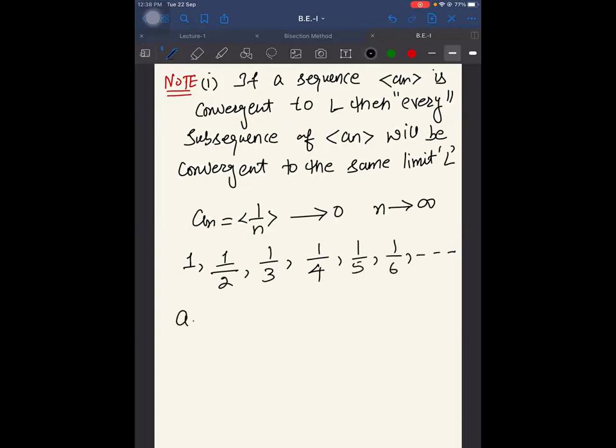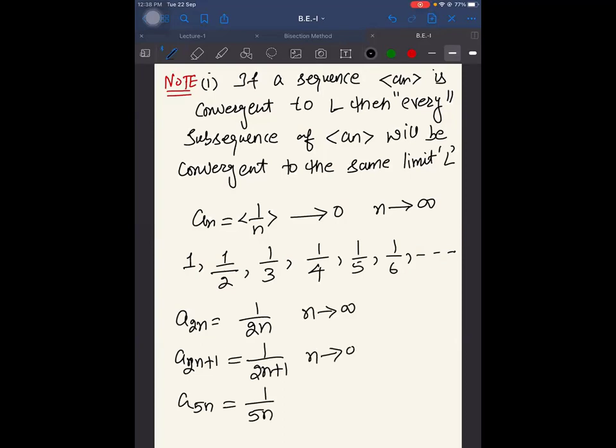If you take only even terms, 1 by 2n, or only odd terms, 1 by 2n plus 1, or only 5n's, 1 by 5n, in all these cases as n tends to infinity, all these subsequences will go to 0. Same limiting value.